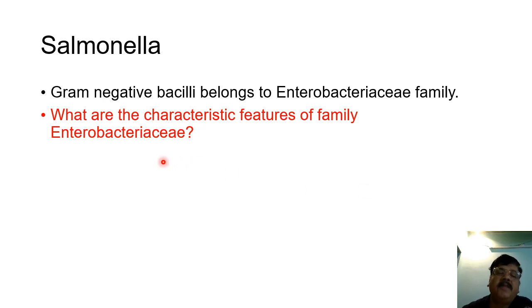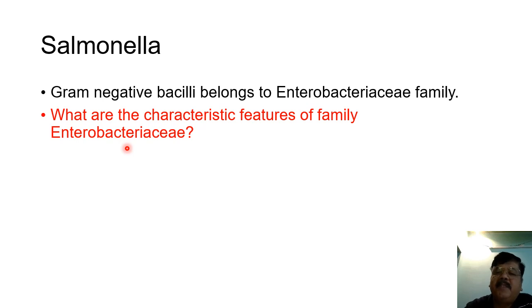Now the genus Salmonella belongs to the gram-negative bacilli in the Enterobacteriaceae family. So what are the characteristic features of the Enterobacteriaceae family? These are gram-negative bacilli primarily residing in the intestine. As the name indicates, they are gram-negative bacilli, oxidase negative, catalase positive.